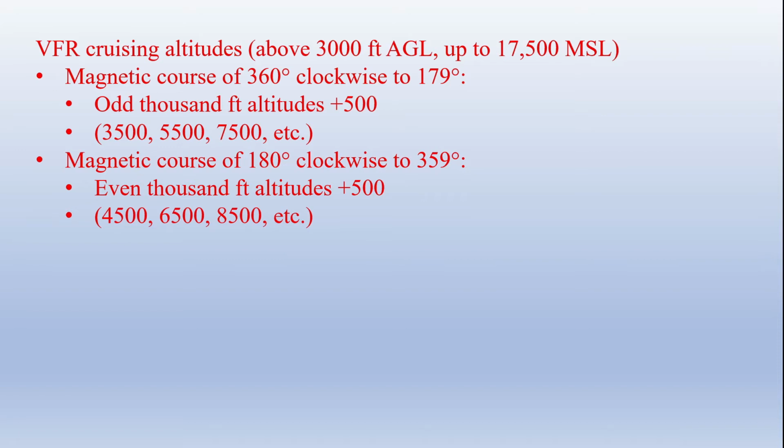If you're wondering why you don't use just the plain thousands of feet, like 4,000, 6,000, 5,000, that's because those altitudes are reserved for pilots flying on IFR flight plans, or instrument flight plans. So there's a little bit of altitude separation built into the system automatically, just based on the type of flight that you're flying and which direction you're going.